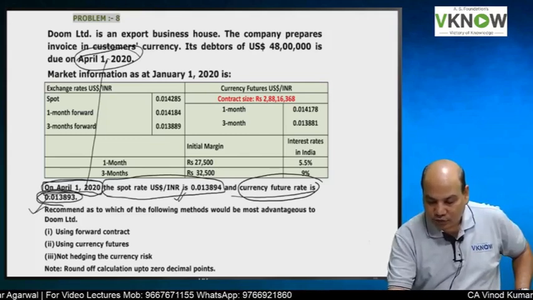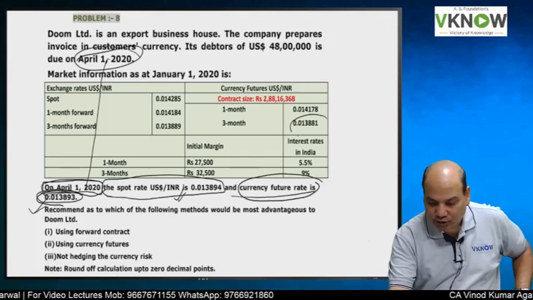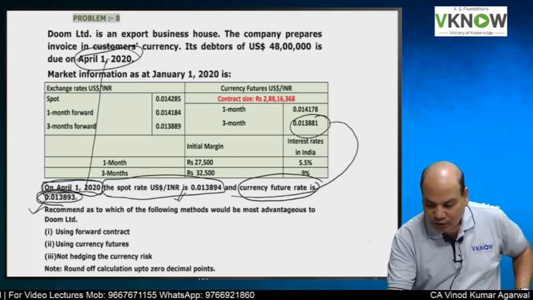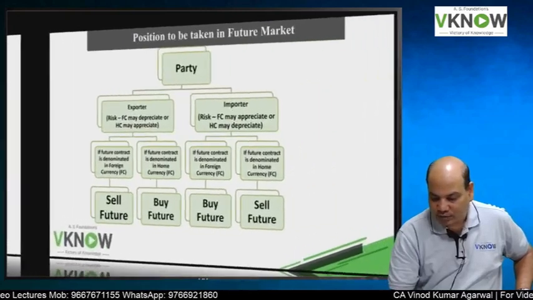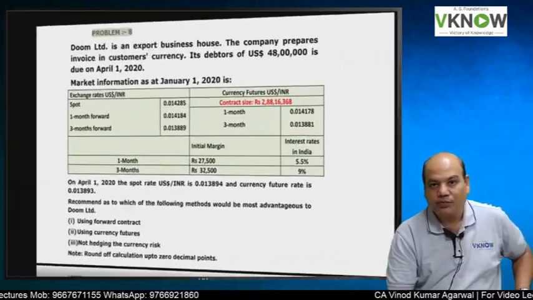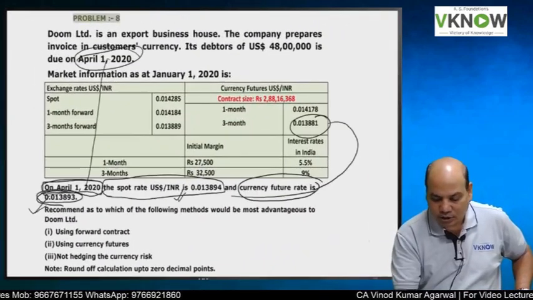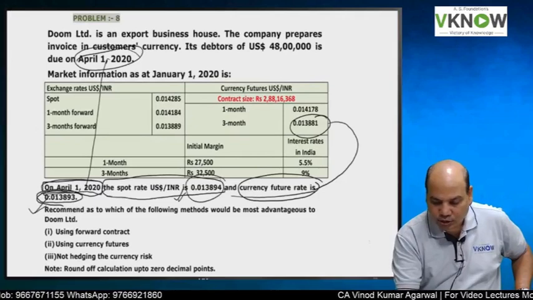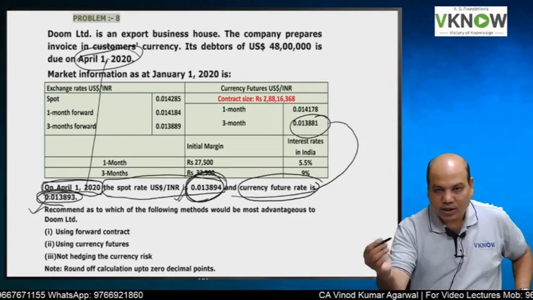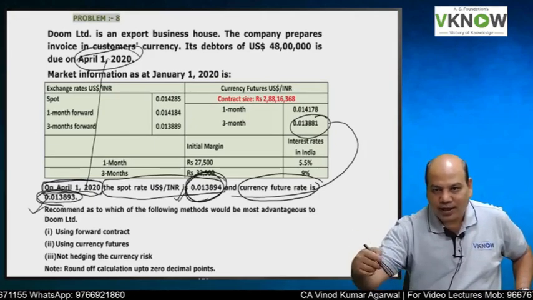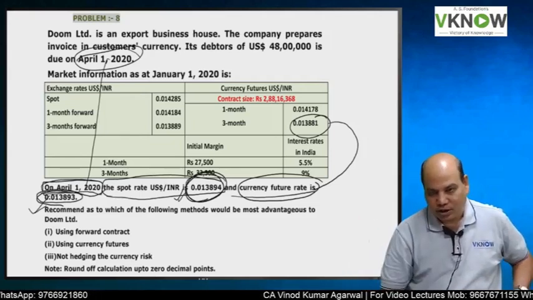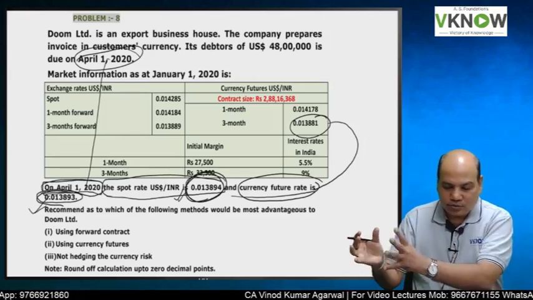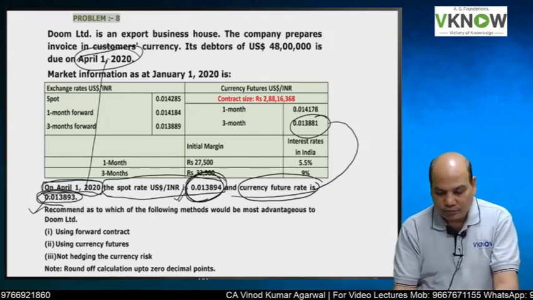For the currency future contract you are going to take, to calculate the gain or loss, you will apply the future rate available. Whatever amount you receive, you will convert at the spot rate after 3 months, and on currency future you will get the difference.